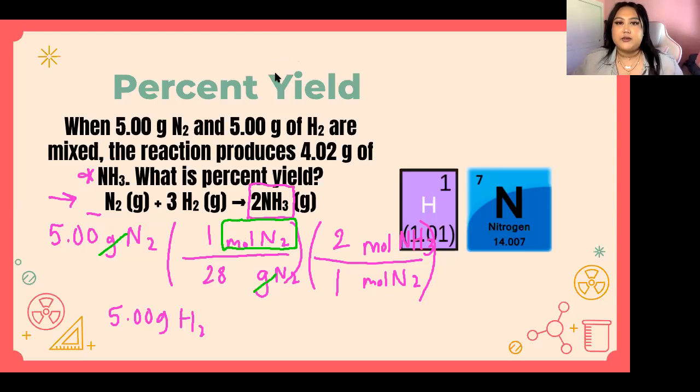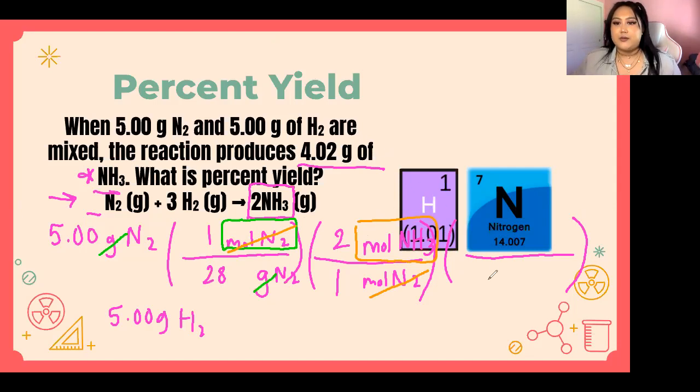Then we got rid of the moles of N2, and now we're in the moles of NH3. So we're almost there. There's one more step, right? There's a hint that gives you what we need it to be in, which is grams, right?